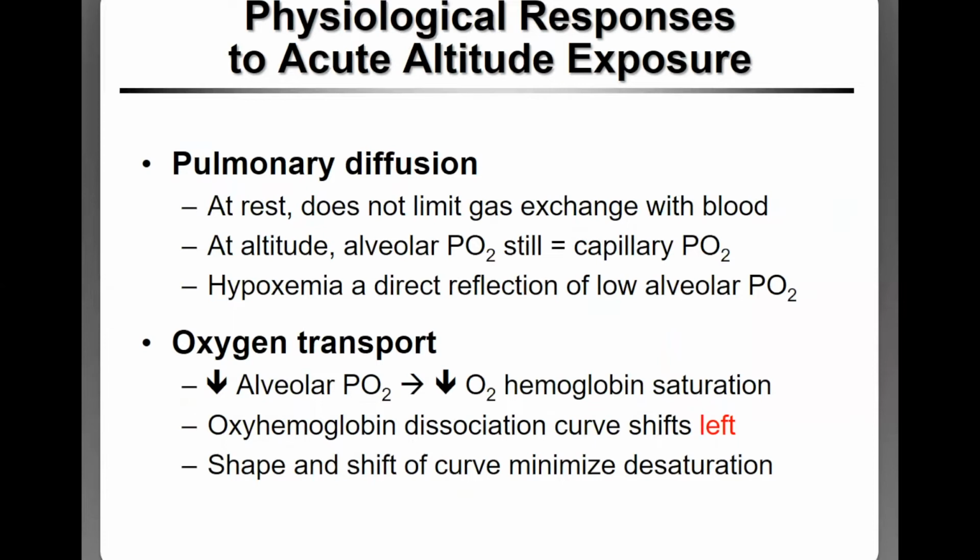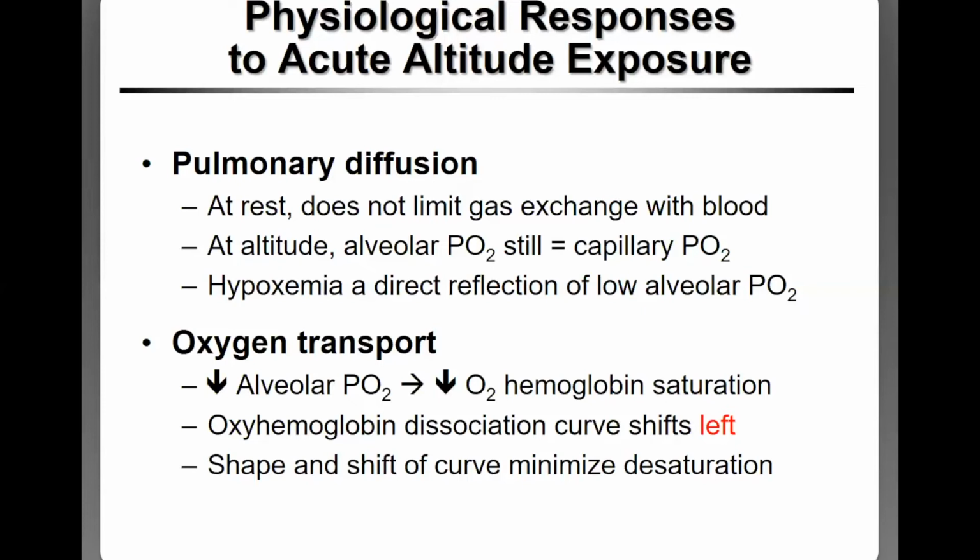So hypoxemia, or low oxygen content in the arterial blood, is a direct reflection of low alveolar partial pressure of oxygen. At the same time, we have less oxygen being delivered to the muscles because of that leftward shift of the oxygen hemoglobin dissociation curve. We also talked about two other reasons why oxygen delivery is reduced.